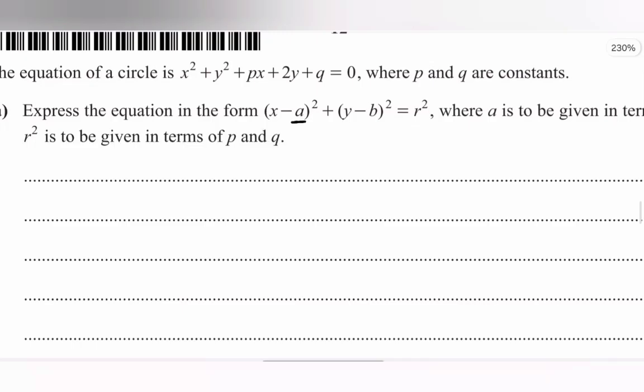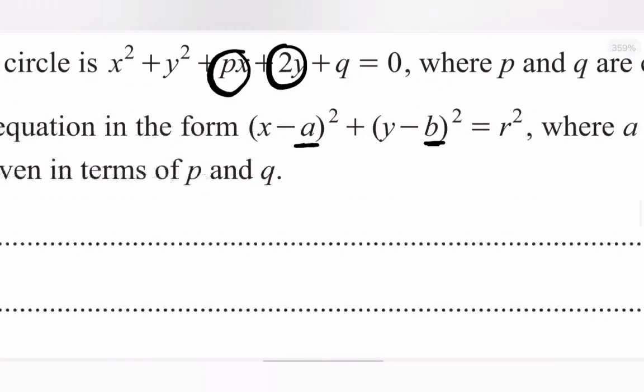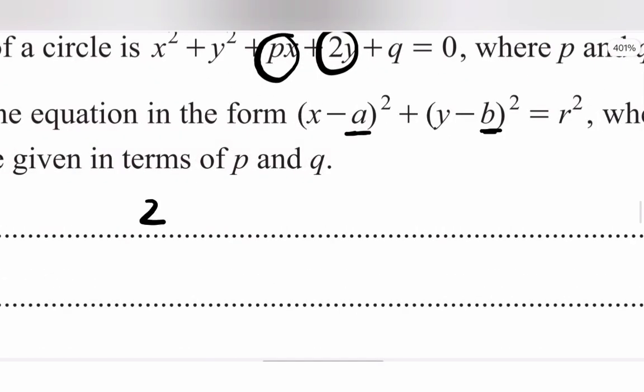Since a and b are the coordinates of the center, we're just going to try and get the coordinates of the center from these, because we know our coefficient of x there, we can refer to it as 2g, and the coefficient of y, we can refer to it as 2f.